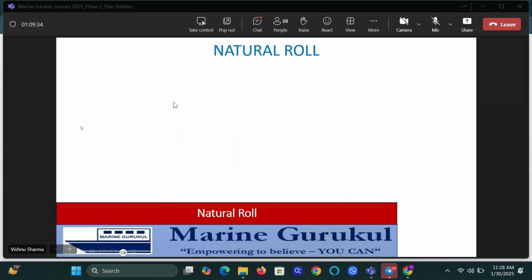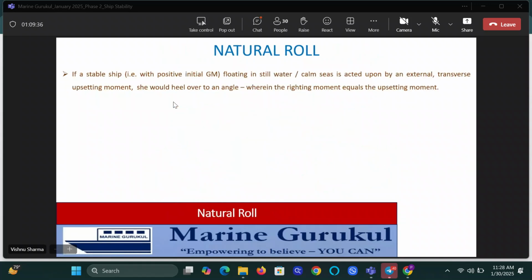Now the time taken. Now natural roll. Now guys, if a ship is stable, that means with positive GM, and she is floating in calm seas, obviously she can't be rolling. So that means you have to initiate the rolling. How can you initiate the rolling?